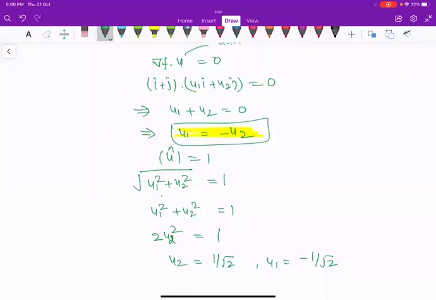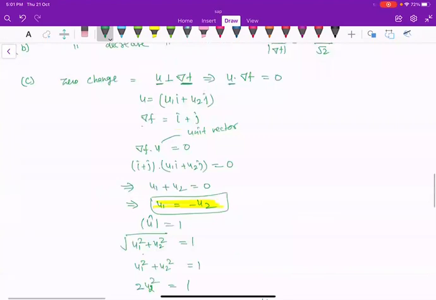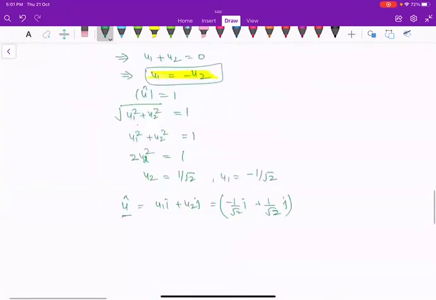So the value of u is u1 i plus u2 j, that is minus 1 by root 2 i plus 1 by root 2 j.